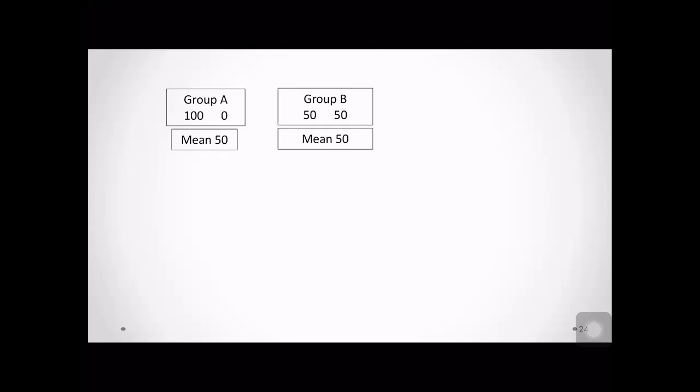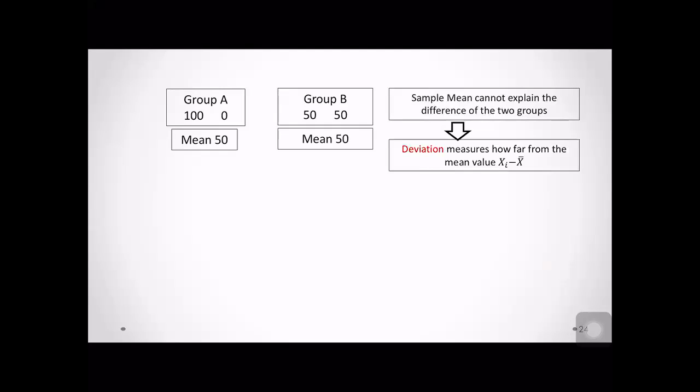The first thing that comes to mind is that we can calculate the deviation. Deviation measures how far a value is from the mean. In the case of group A, the average is 50. For the student who gets 100, the deviation is that they outperform the mean by 50, so the deviation is positive 50.